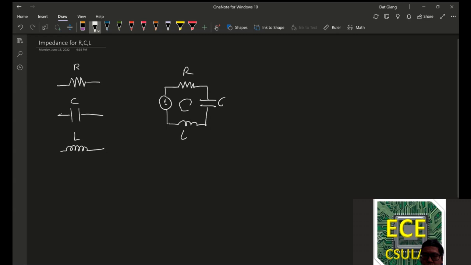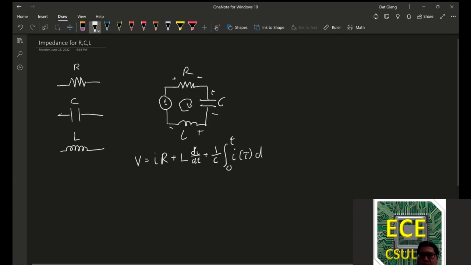Doesn't really matter. If we were to find the voltage relationship using KVL, we have maybe V equals something like this. So we have IR plus L di/dt plus 1 over C, the integral from 0 to t of I(tau) d tau.